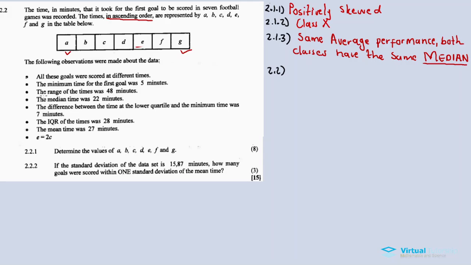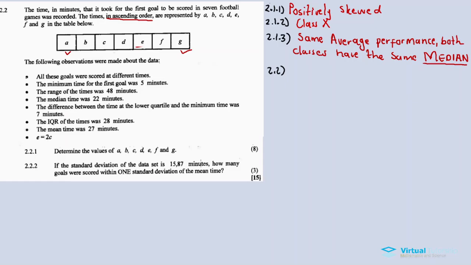The third bullet point: the range of the times was 48 minutes. The median time was 22 minutes. The difference between the time at the lower quartile and the minimum time was 7 minutes. The interquartile range of the time was 28 minutes. The mean time was 27 minutes, and E is equal to 2C.